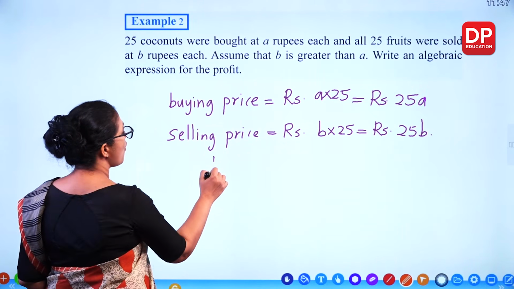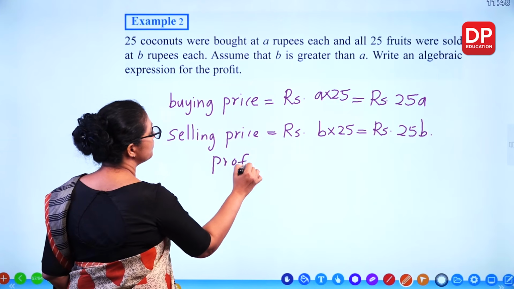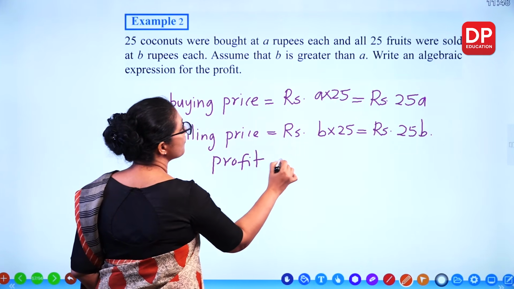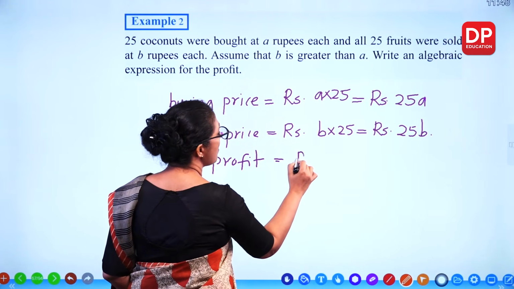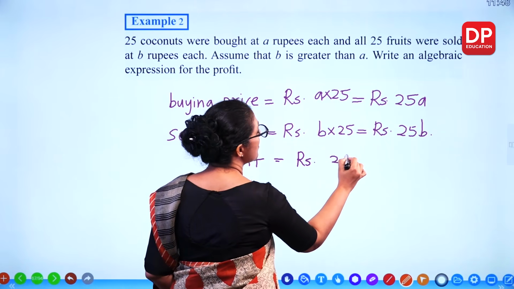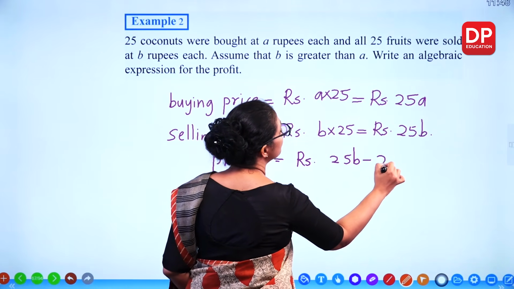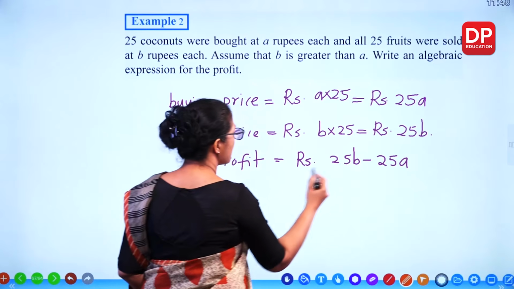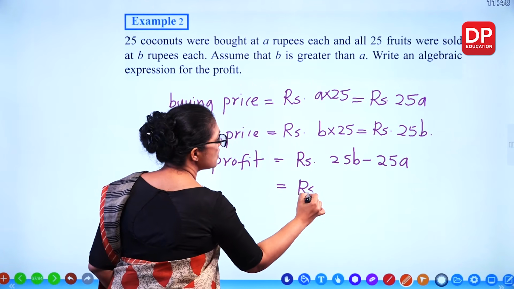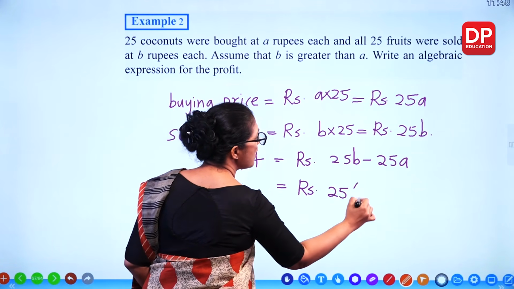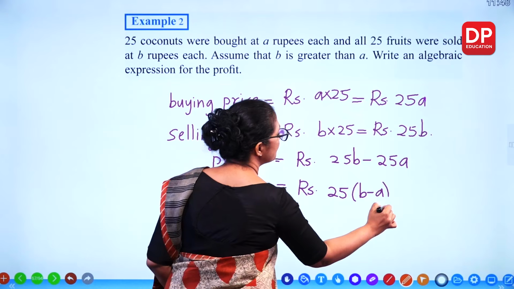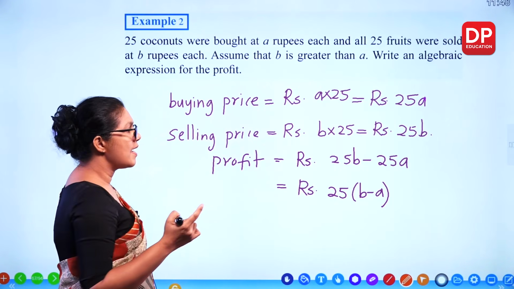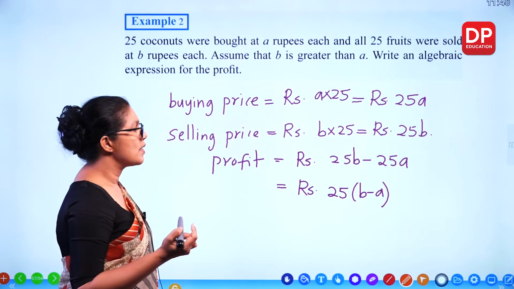So we can say profit is equal to selling price minus the buying price. We can take 25 out and write 25(B minus A), or you can keep the answer as 25B minus 25A.